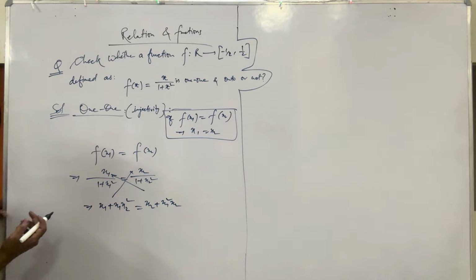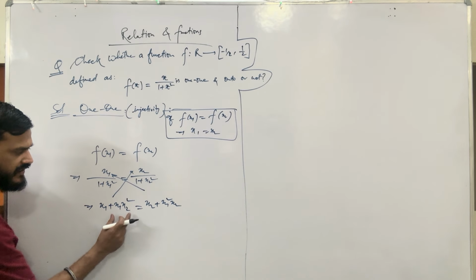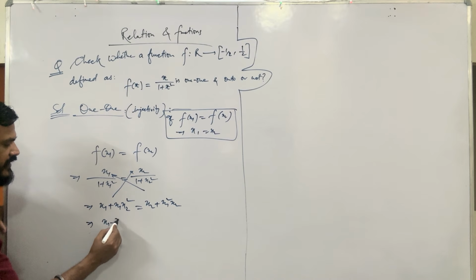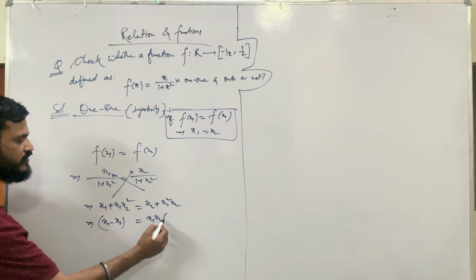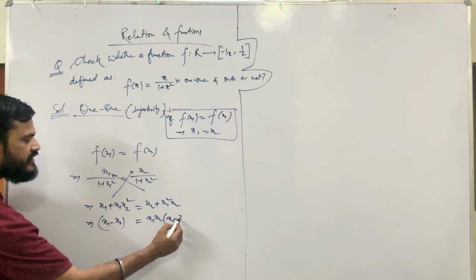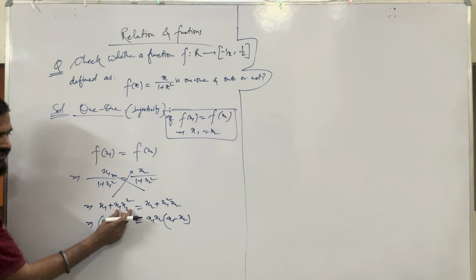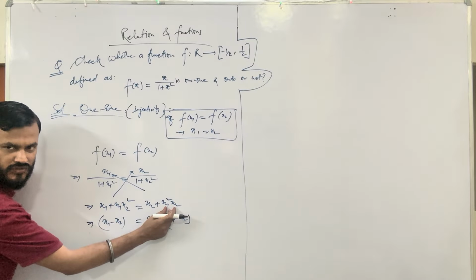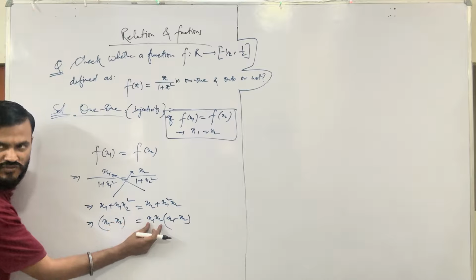Straightforward. Now we'll bring x2 to the left hand side, and the x1 square x2 term to the right hand side. If you bring x2 to the left hand side, we get x1 minus x2, and on the right hand side we have x1 square x2 minus x1 x2 square. So you can take x1 x2 common.